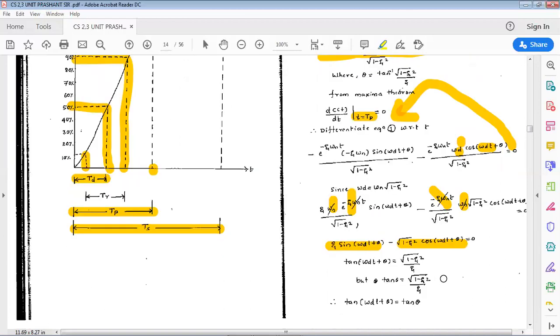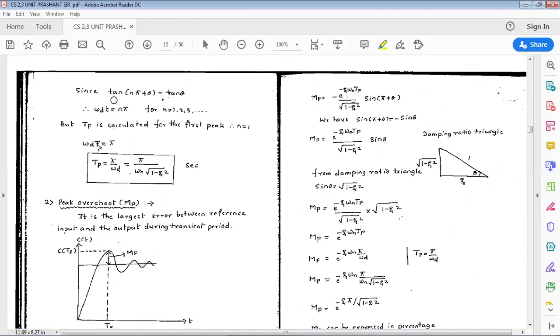Therefore, since tan of n pi plus theta is equal to tan theta, omega d t is equal to n pi. This holds for all positive integer values of n, but tp is calculated for the first peak, so n equal to 1.